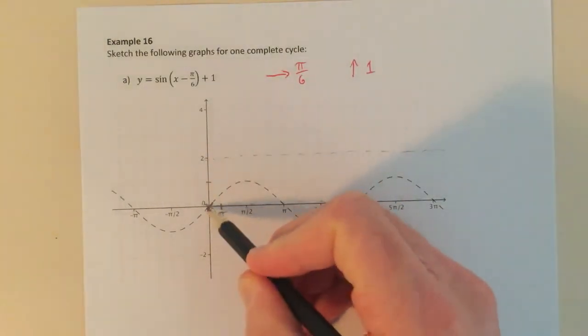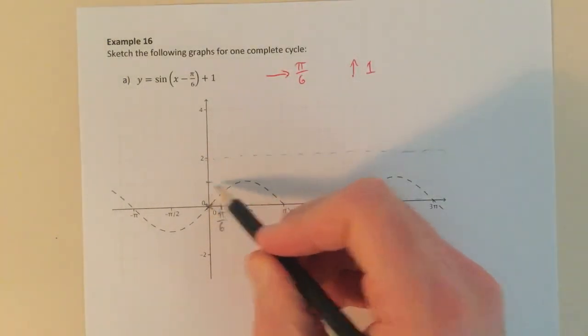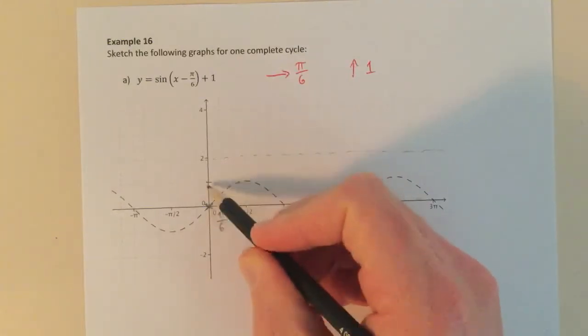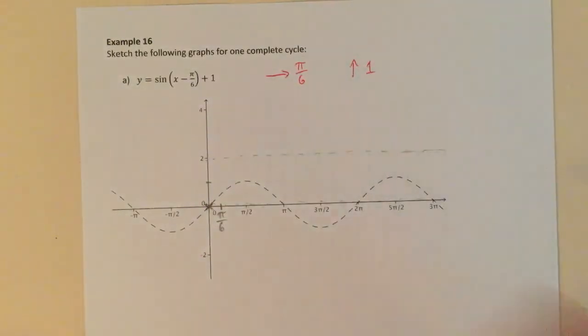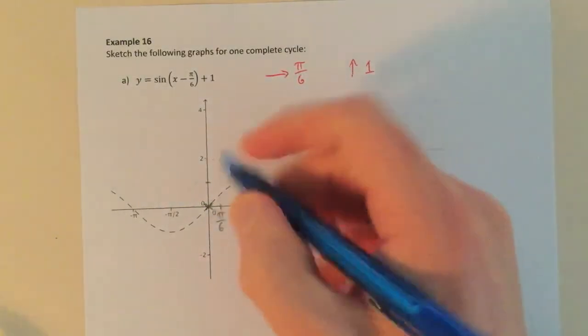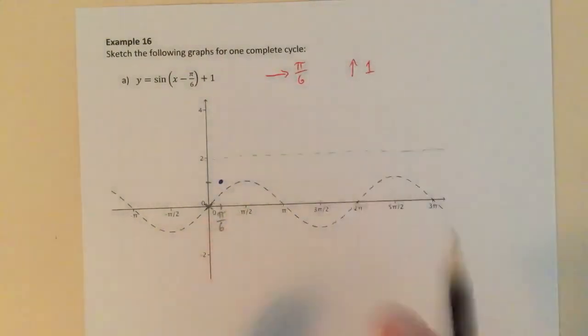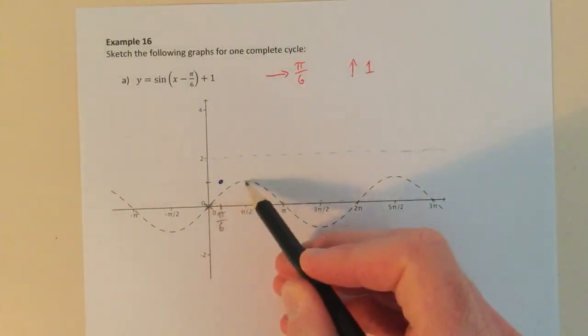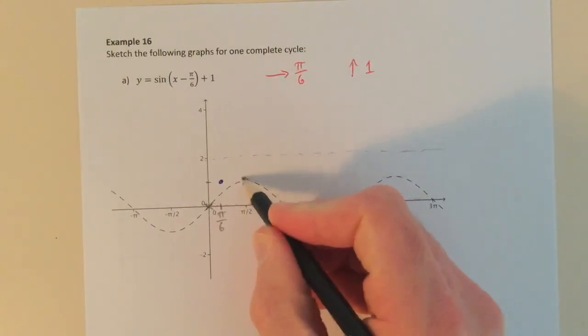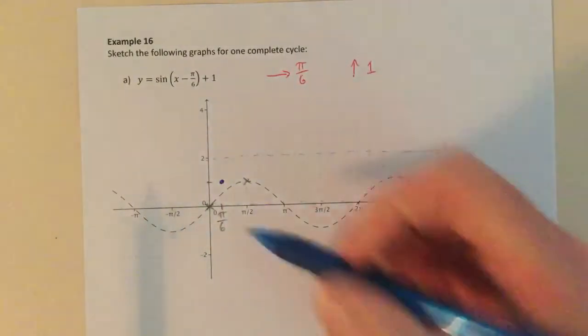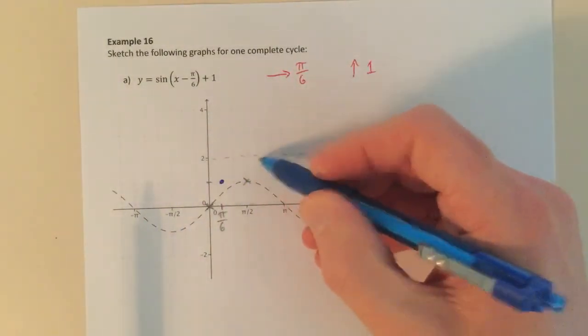Taking our key reference points, we're moving them up by 1 and across by pi on 6. So up 1, across pi on 6 takes my first point, in blue, to here. The next reference point along the original curve is this maximum. Again, we take it up 1 unit, across pi on 6.